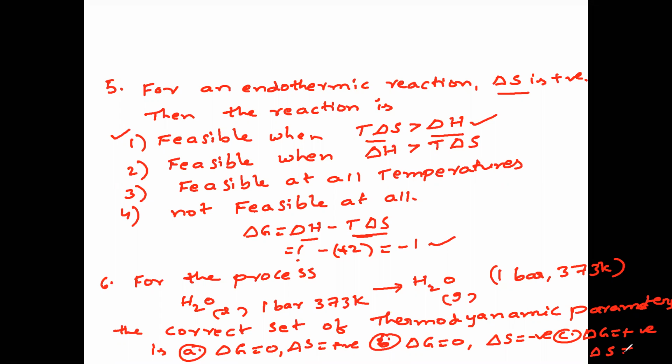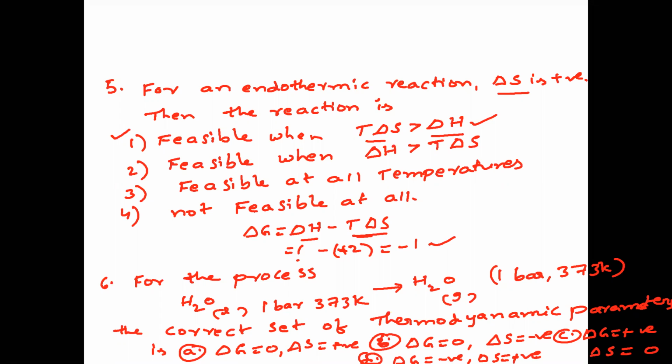And fourth option, delta G is negative and delta S is also negative. So what is the correct set of parameters?